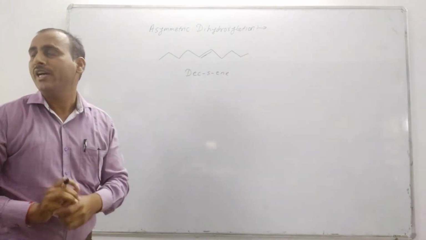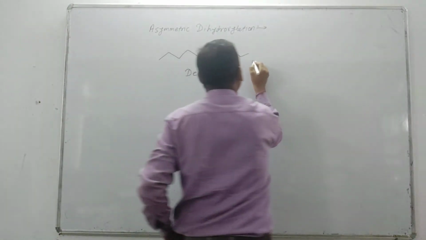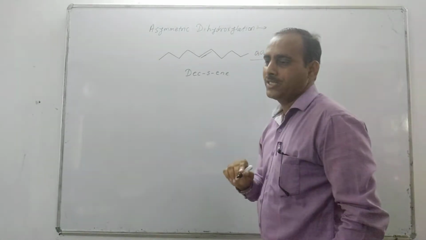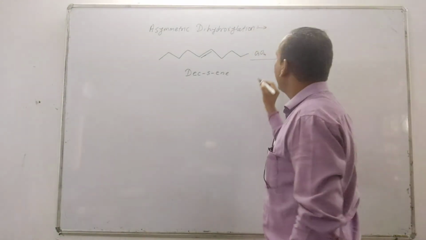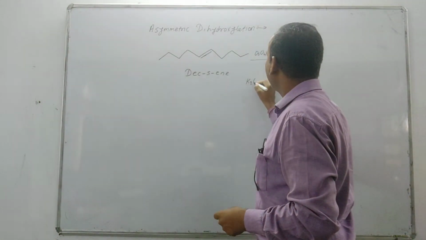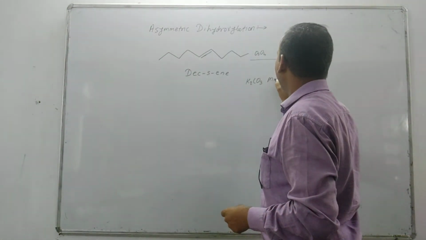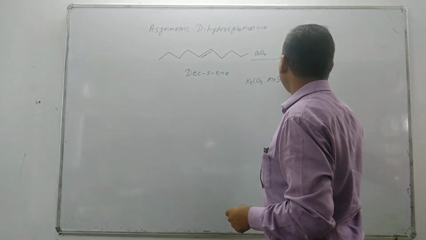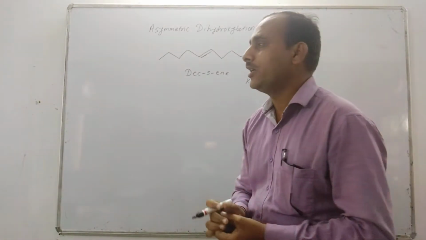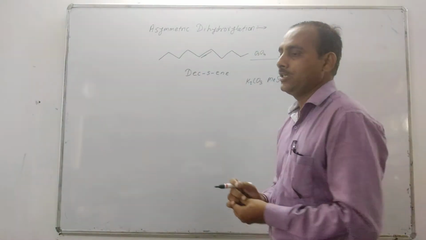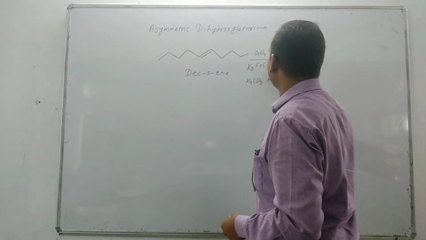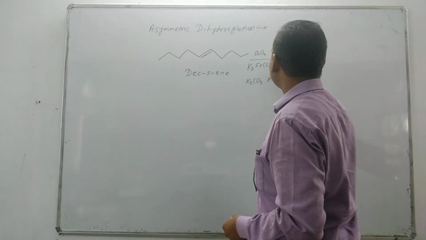and when it undergoes dihydroxylation by osmium tetroxide in presence of the additives K2CO3 and methyl sulfonamide, these are the additives. Then the oxidant used for this reaction is K3Fe(CN)6.